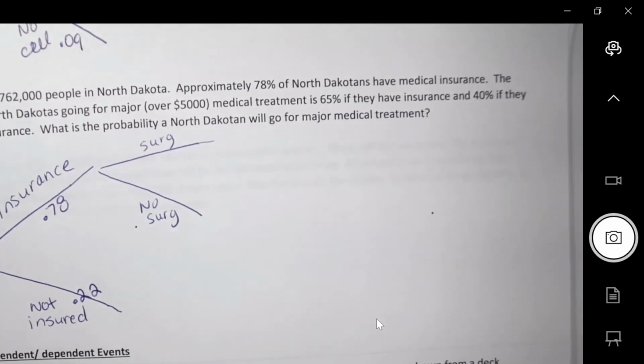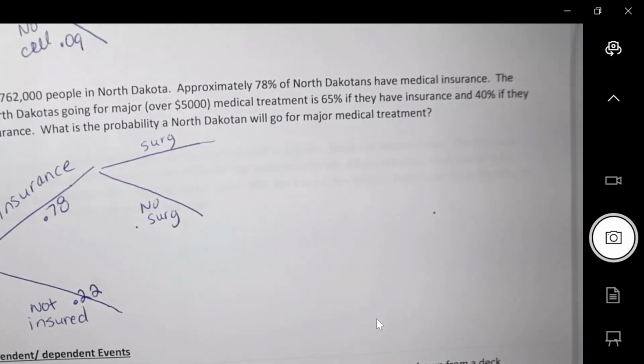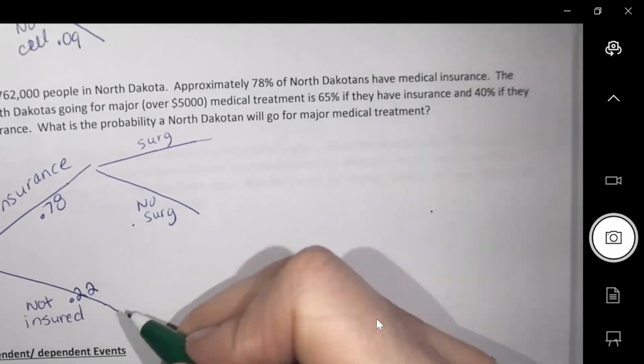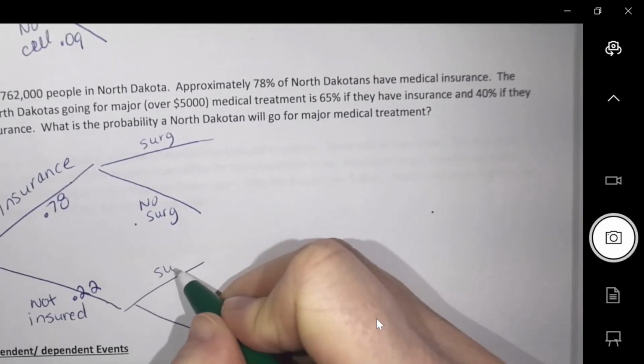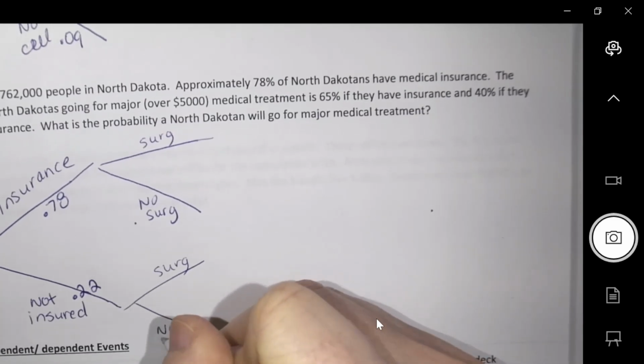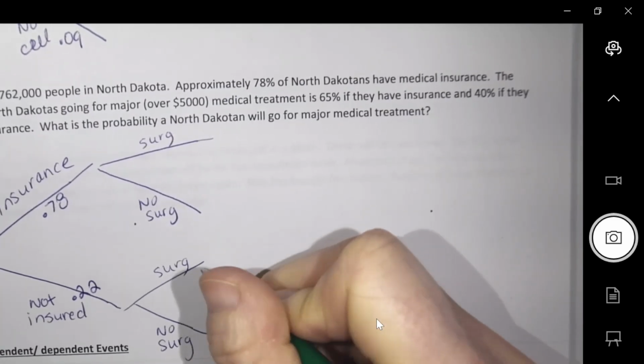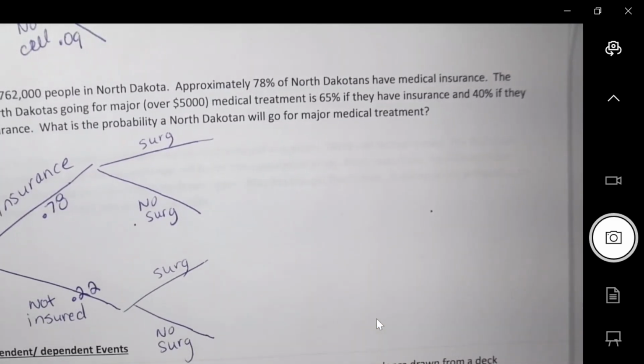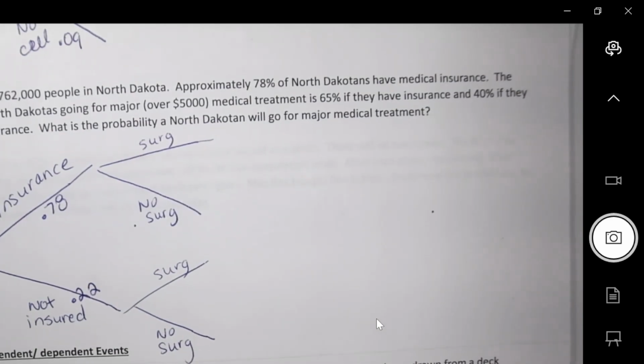Then the next criteria is determining if they're going to go for a surgery or not. So first criteria was, did they have insurance? And then after that, deciding if they're going to go for a surgery or no surgeries.